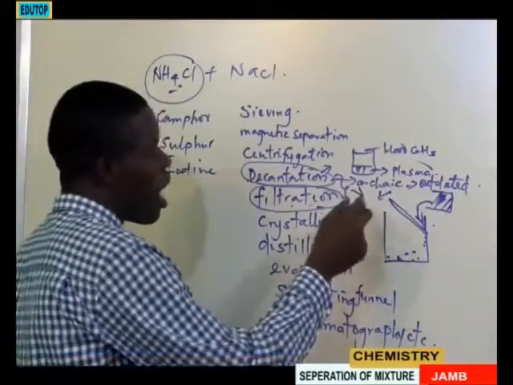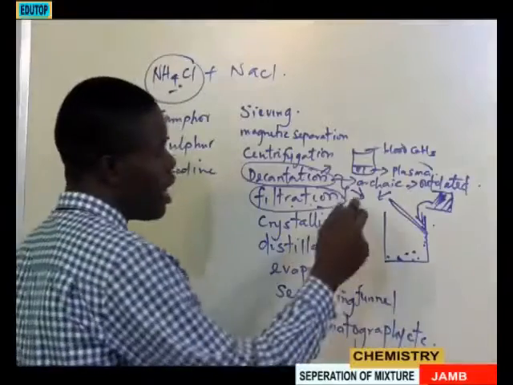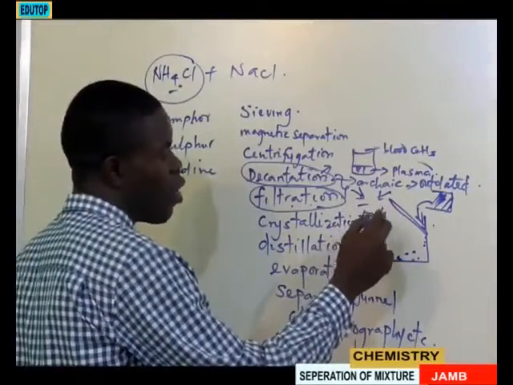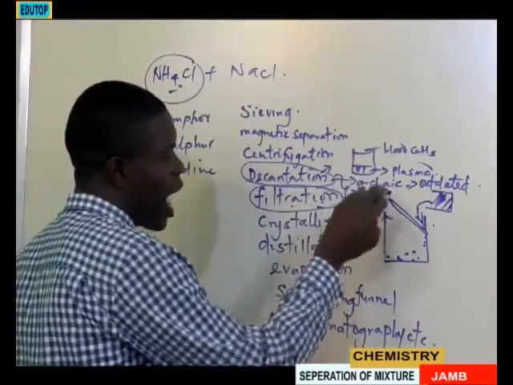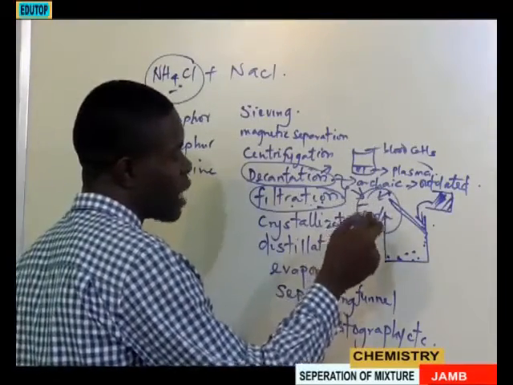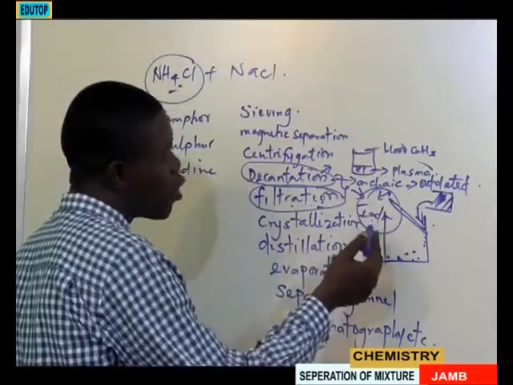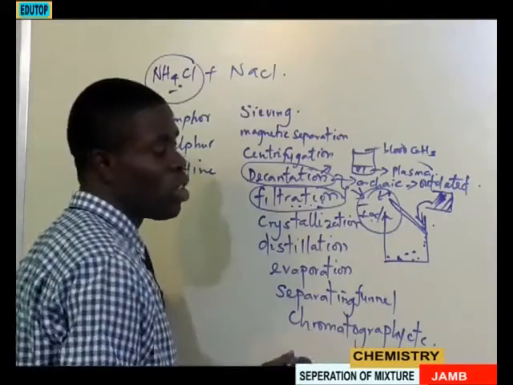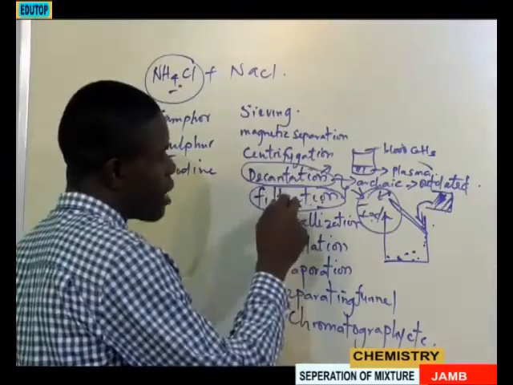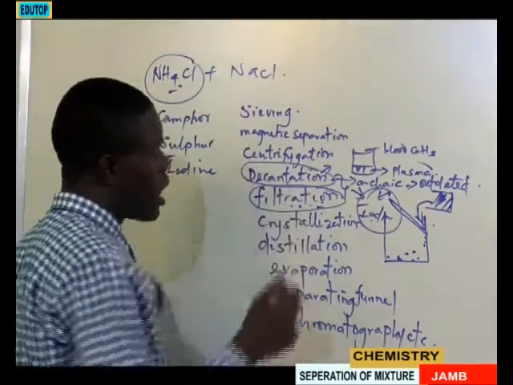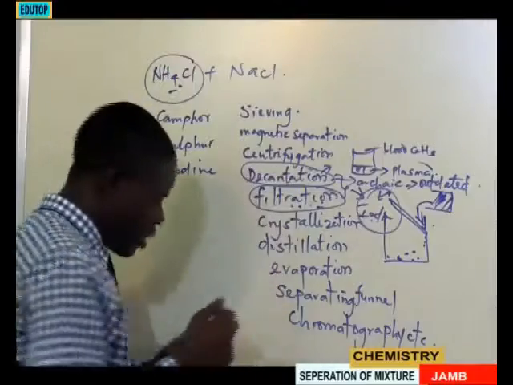Then you have your chlorine to kill the germs. Then you have your iodine to prevent goiter. The substances that are used here are also embedded in this filtration method. But I've been able to explain that filtration is more accurate than decantation.